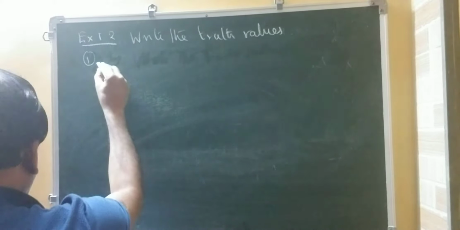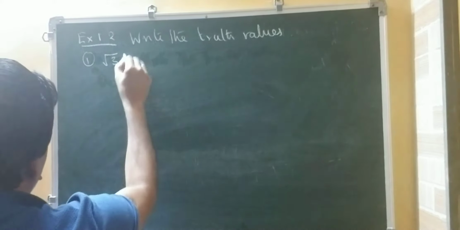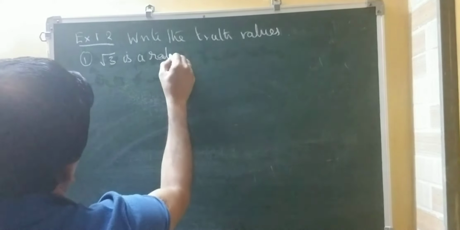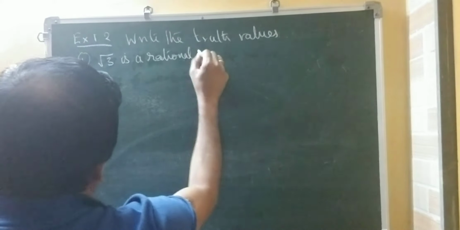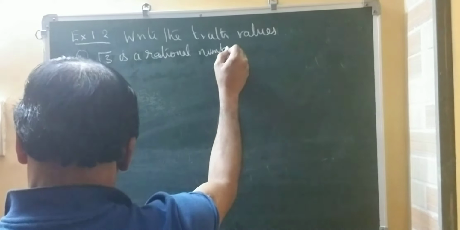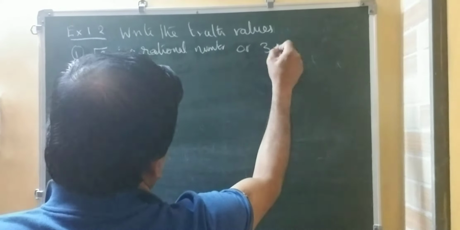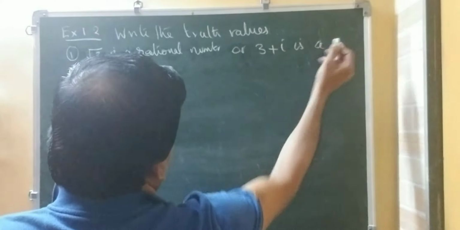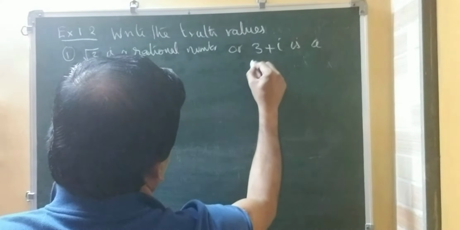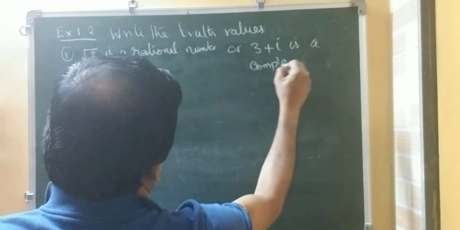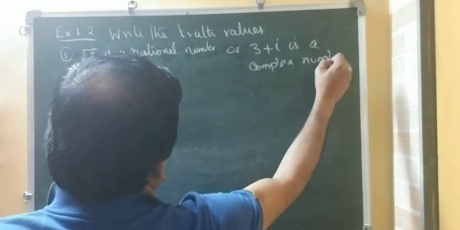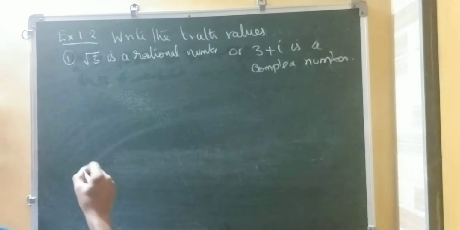First sum: root 3 is a rational number or 3 plus i is a complex number. Okay.